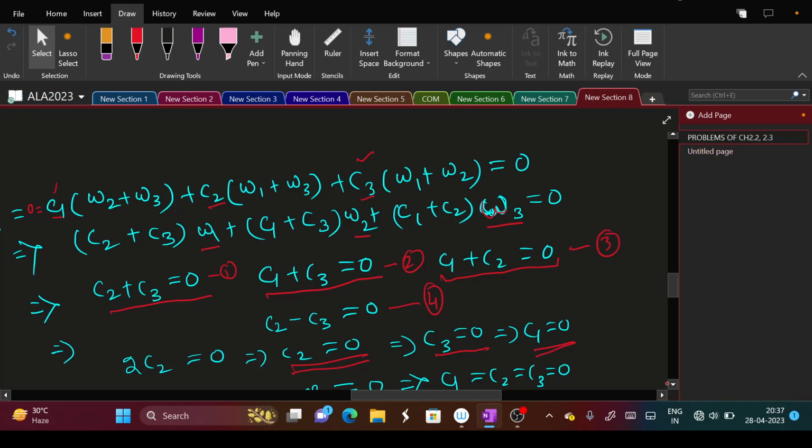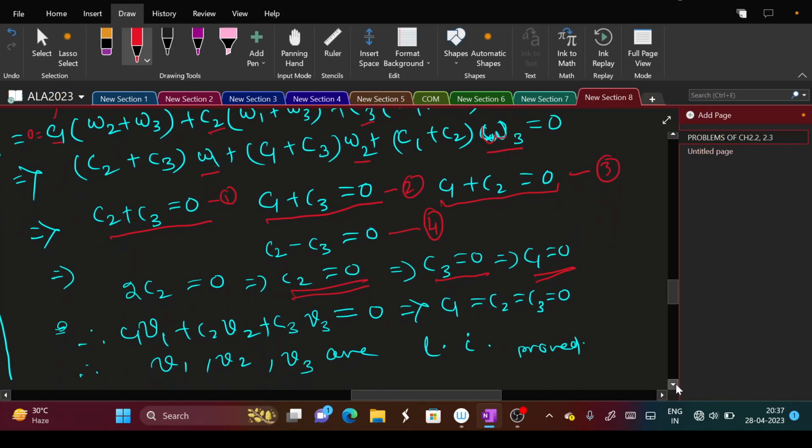So finally we got that C1, C2, C3 are all simultaneously 0. So the linear combination C1V1 plus C2V2 plus C3V3 equal to 0 leads to C1, C2, C3 equal to 0. That implies V1, V2, V3 are linearly independent, hence proved.